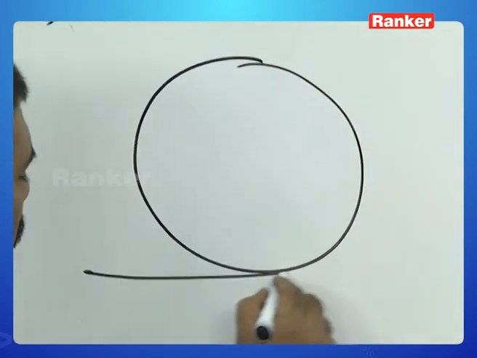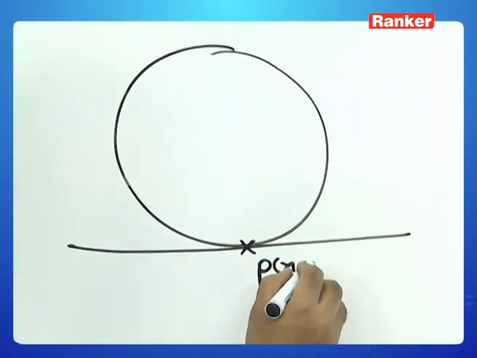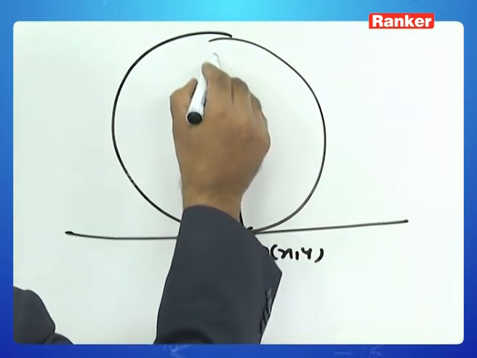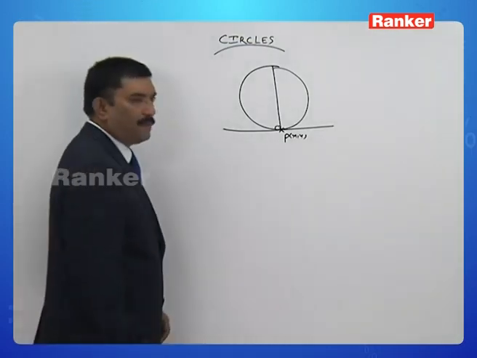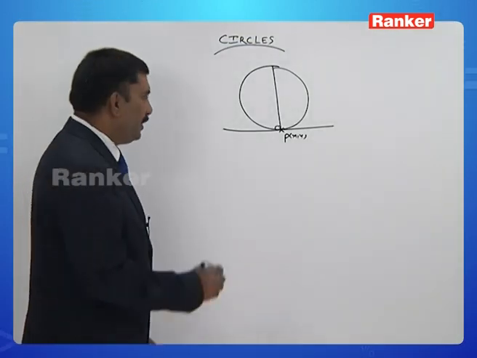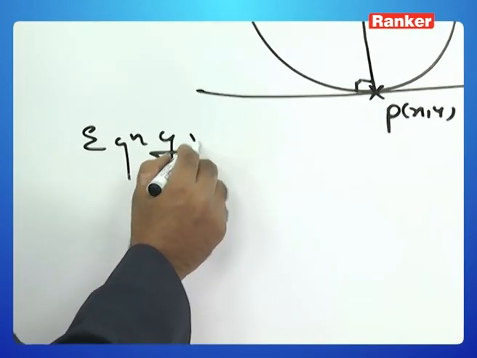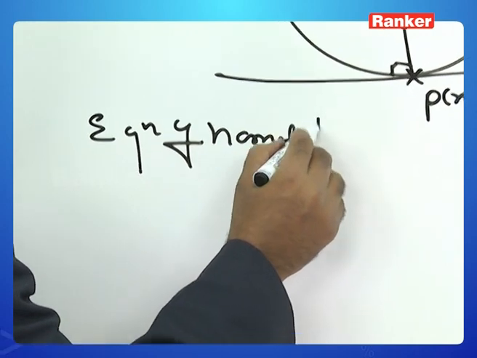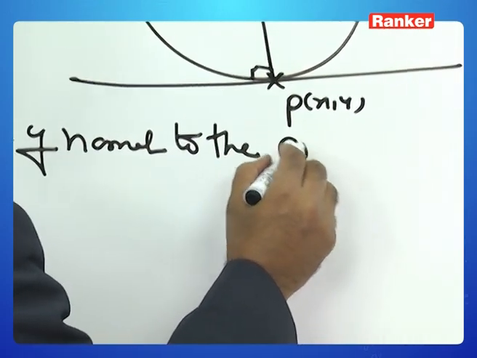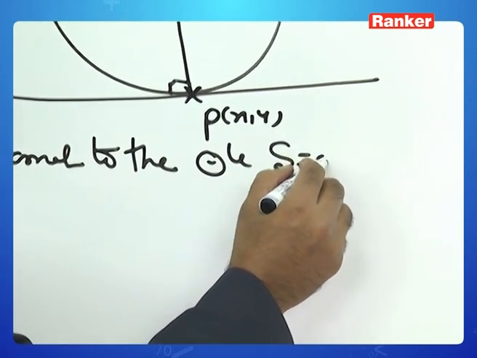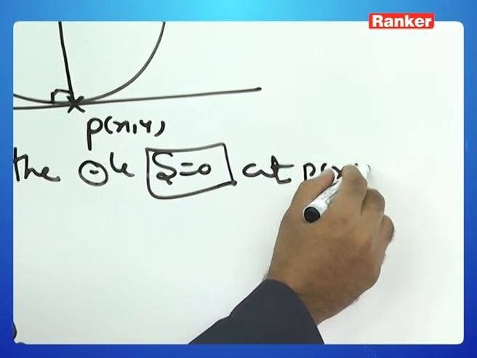This is the tangent at the point P of x1 comma y1. Any line perpendicular to the tangent is called normal. Yes, the equation of normal to the circle S equal to 0 at P of x1 comma y1.